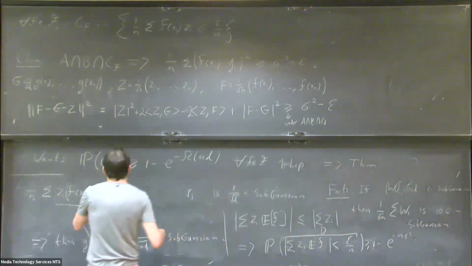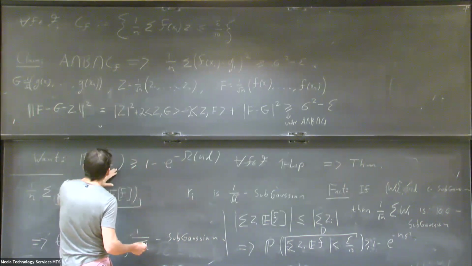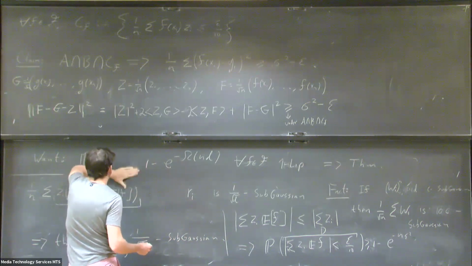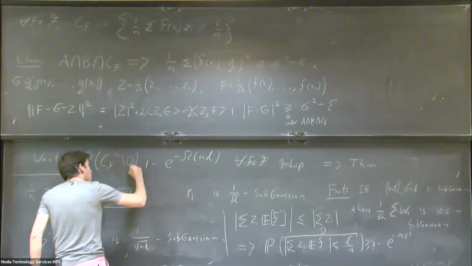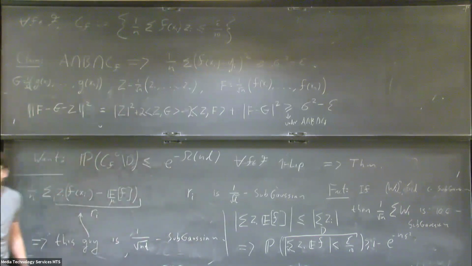So CF under D. So let's say the probability that CF complement minus D is at most... Okay. Sorry for confusing you.